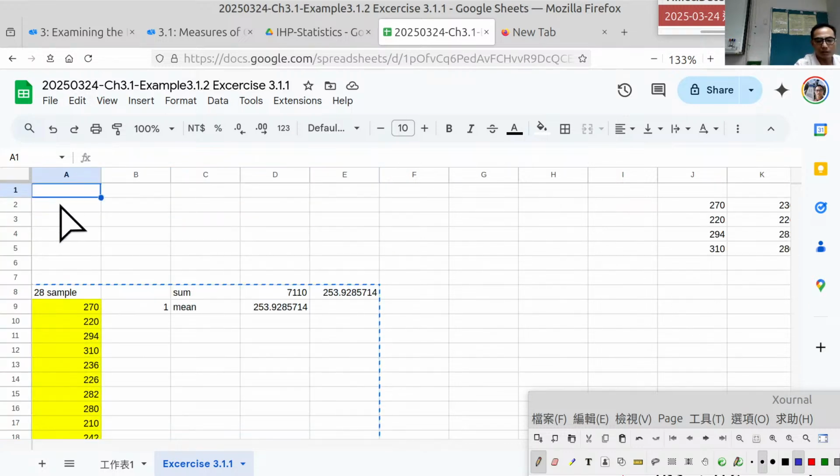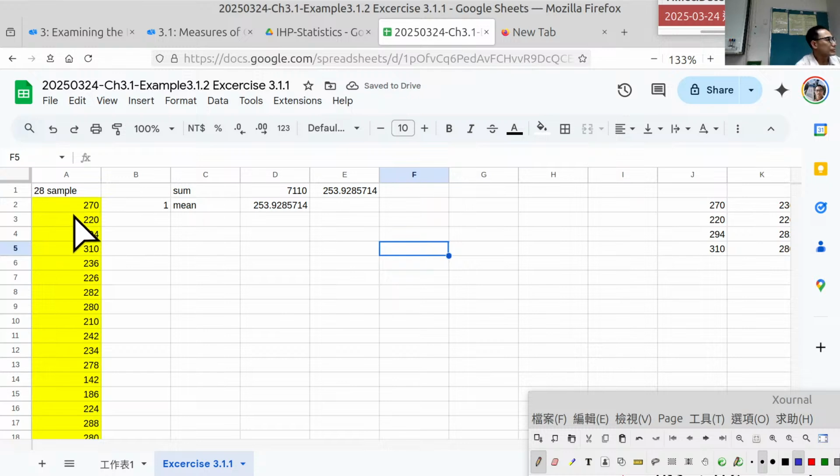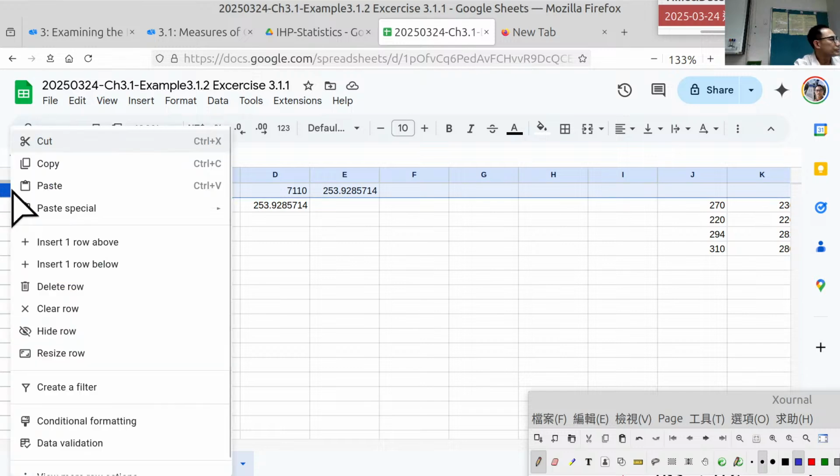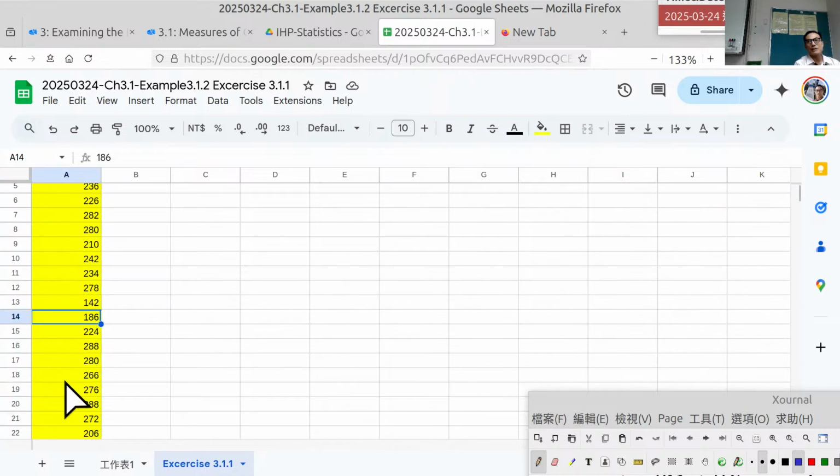Let me move it here. Control V. Oh, sorry. Okay. There are 28. We know half of 28 is 14, and the other one is 15. Thus, these two are the middle point.